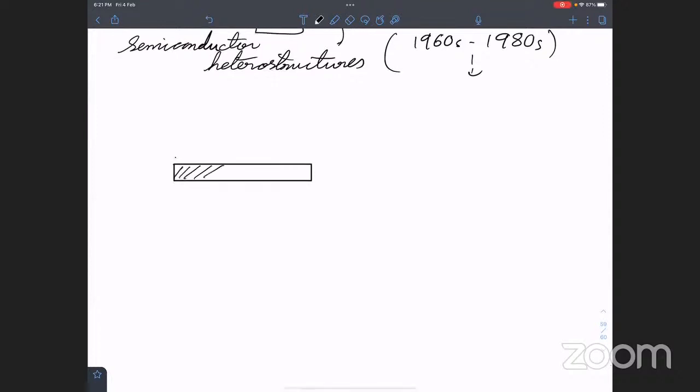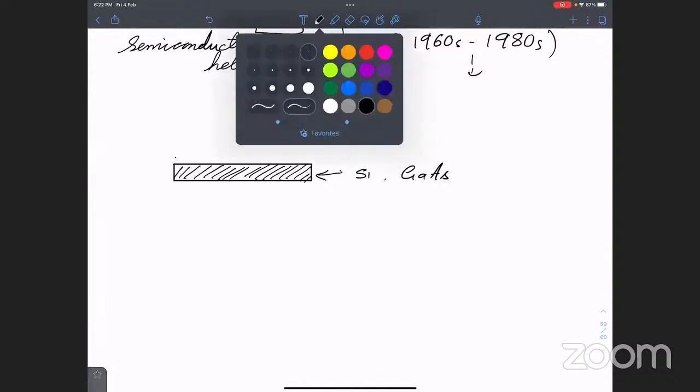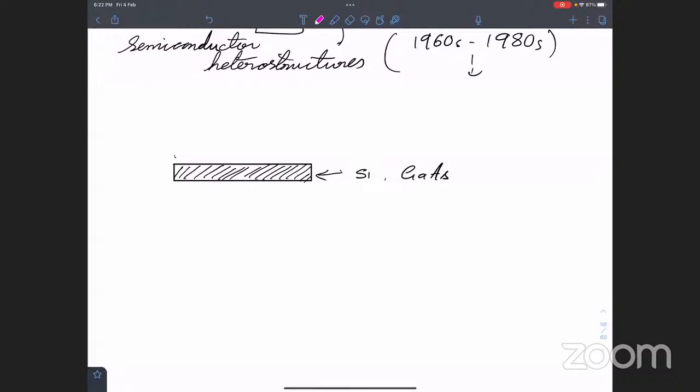I'll take some semiconductor crystal growing technique and grow one semiconductor here. I'm going to call it semiconductor 1. For example, this could be gallium arsenide. Usually these are 3-5 semiconductors, and I'll tell you the reason why we go for 3-5 semiconductors. So they do this gallium arsenide. After that, they're going to grow on top of this a second semiconductor.